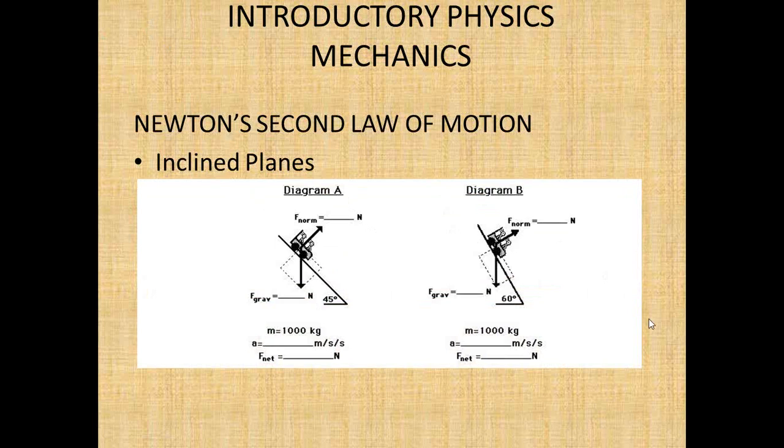So we know that the normal force, as we mentioned before, for an object on an incline, is equal to the force due to gravity, which is the mass times the acceleration due to gravity, times the cosine of the angle. Okay?